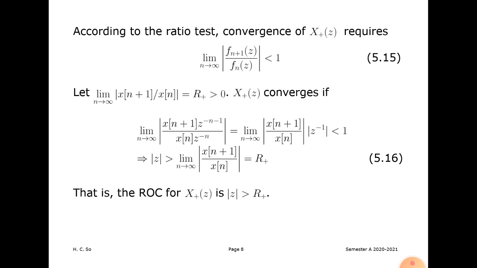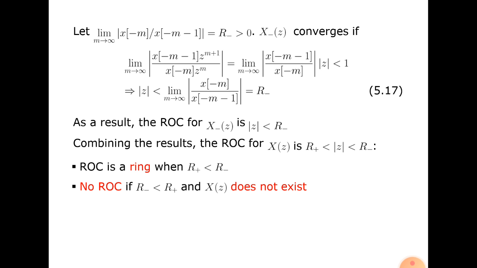So modulus of z is greater than the limit n tends to infinity of x(n+1) divided by x(n), which is equal to r. That is the ROC for X plus(z): modulus of z greater than r.